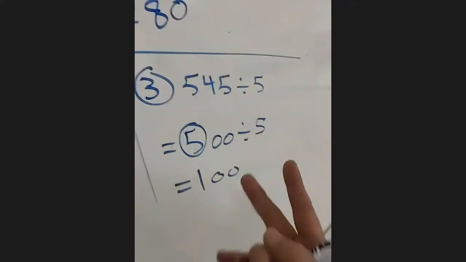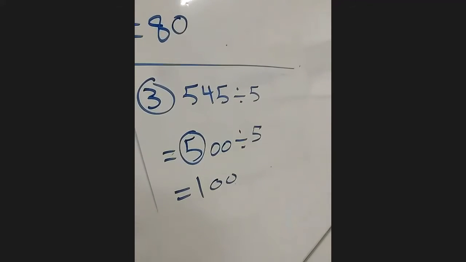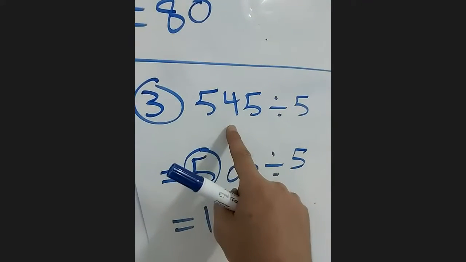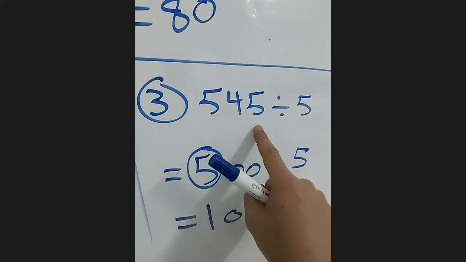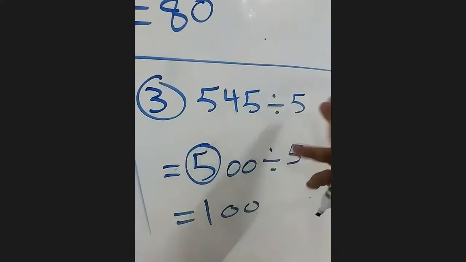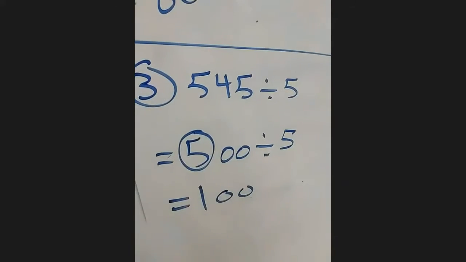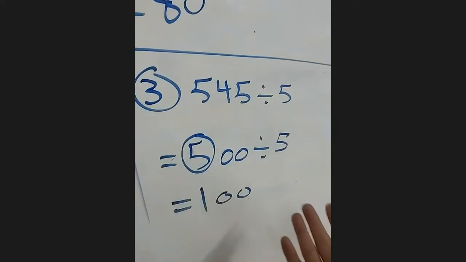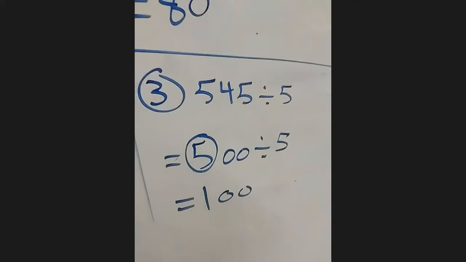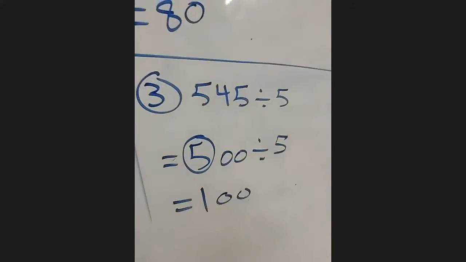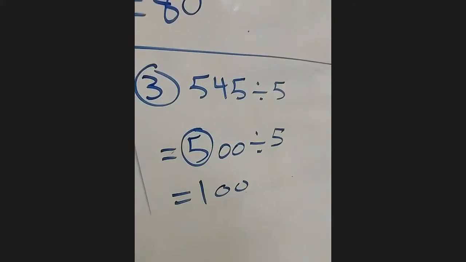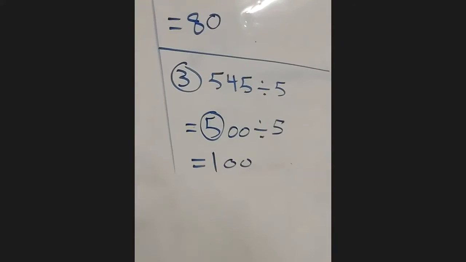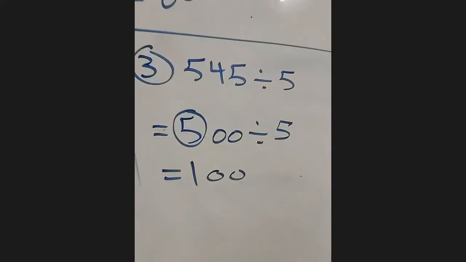So we have 2 choices, guys, here to estimate. Abdullah said we can round this 4. It will be 5, and this 5 will be 0. 55 divided by 5 is 11. Then we put the 1 0 down. Or we can round the first one. So we have choices, guys. Both answers are correct. The answer of Abdullah is correct, and our answer here is correct. So copy this answer, guys. 500 divided by 5 is 100.